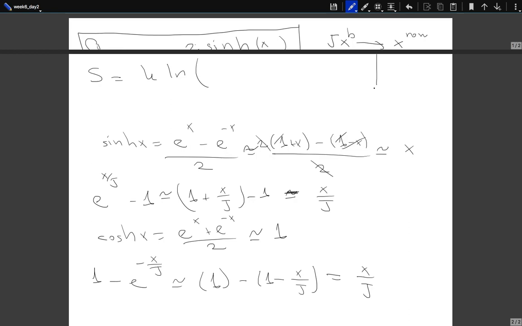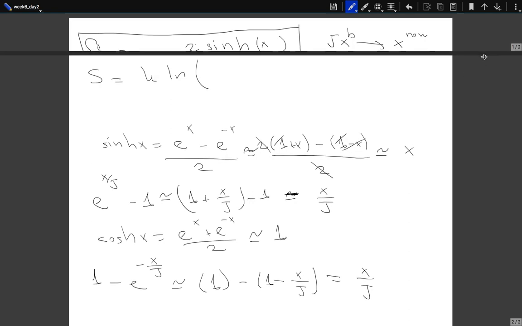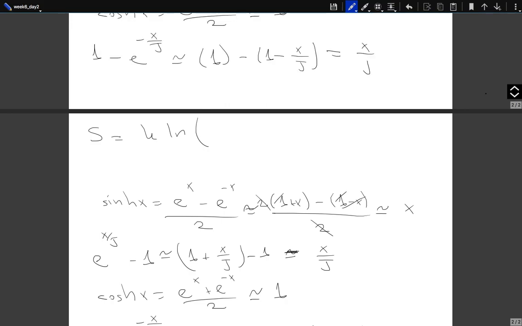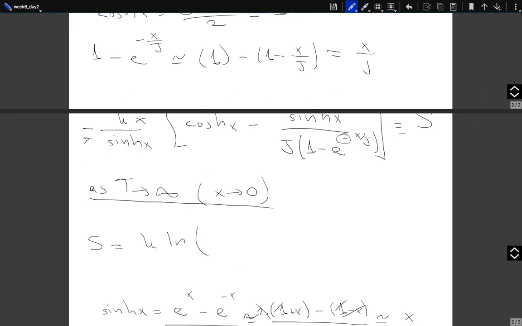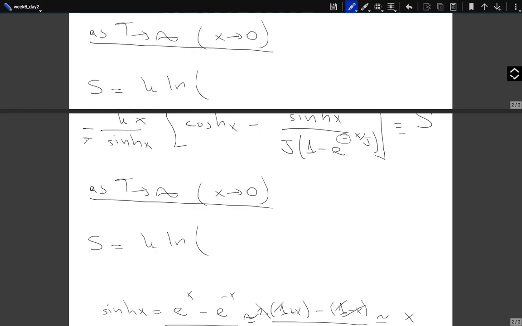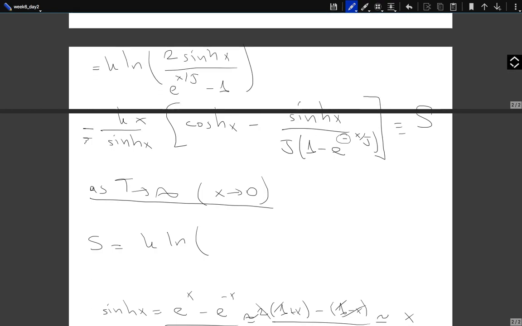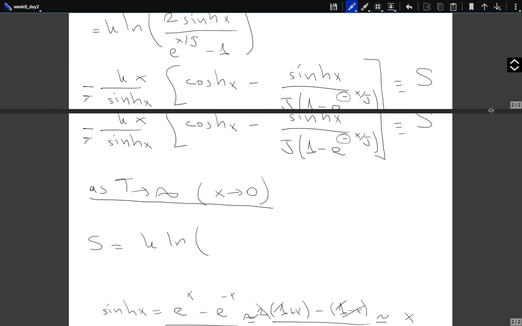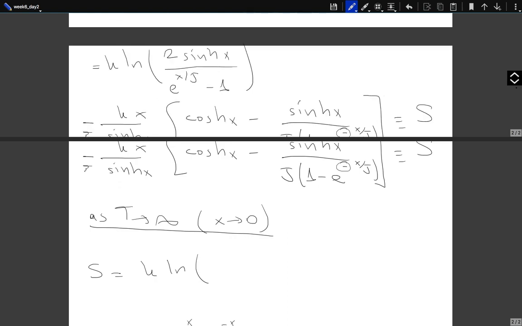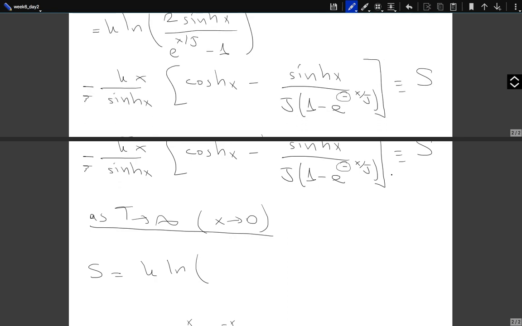So now we can calculate the entropy. So this is what I need. Now, this is the entropy at T goes to infinity.